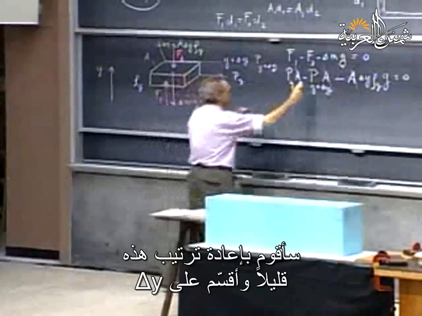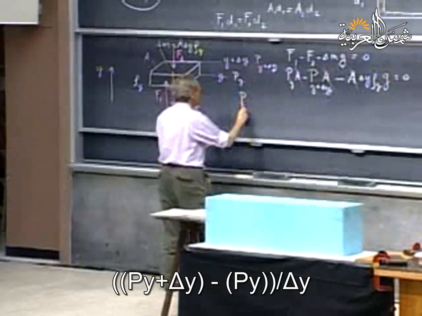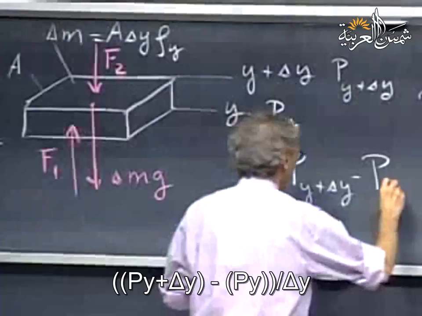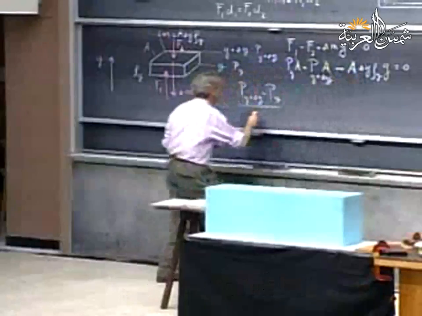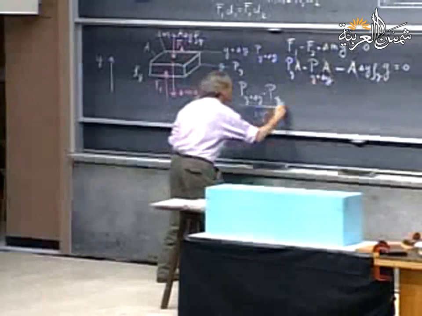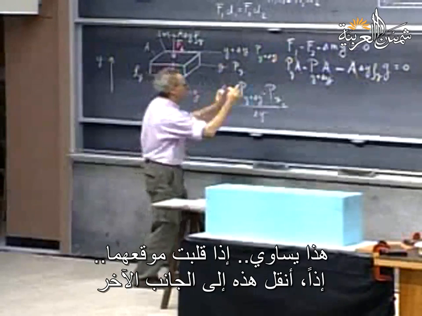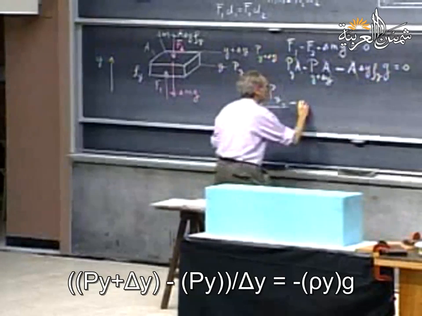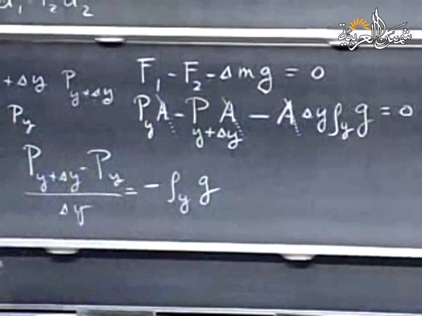I'm going to rearrange this slightly and divide by delta y, and so I get that P at the level y plus delta y minus the pressure at level y, divided by delta y, equals, if I switch that around, so I bring this to the other side, minus rho of y times g.